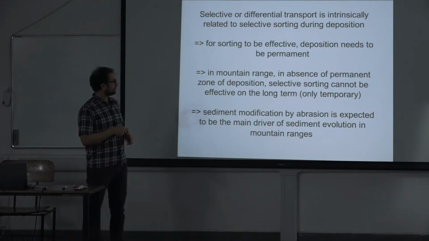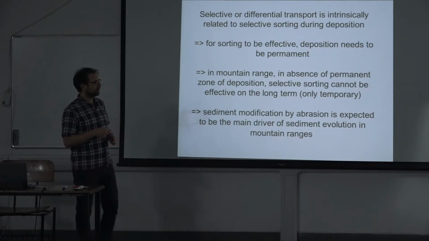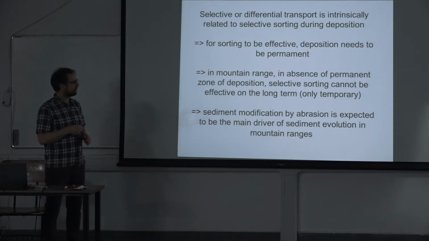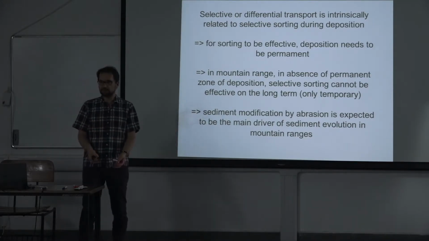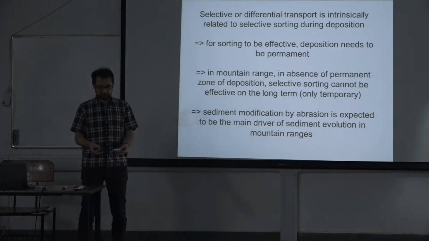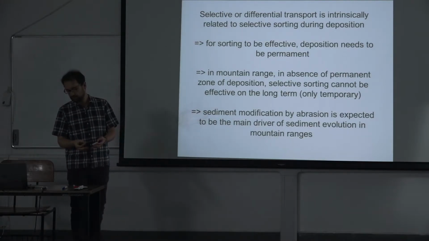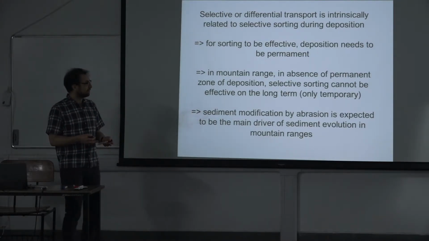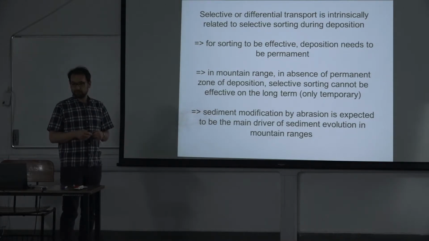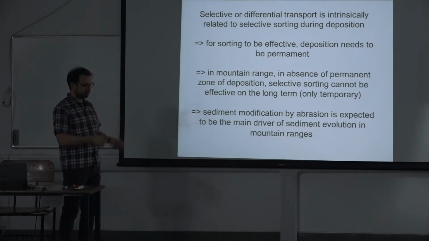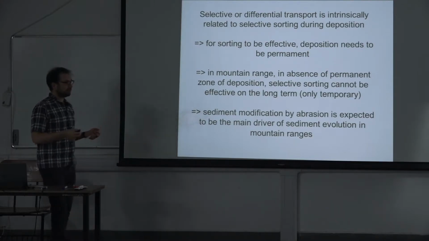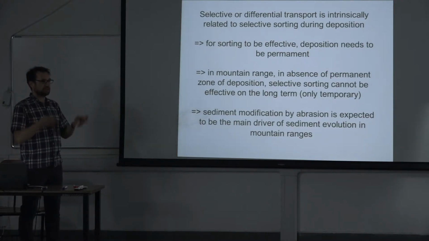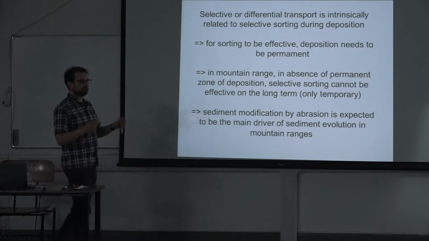So we could explain the downstream fining just by selective sorting, but the only problem is that to get sorting, you need selective sedimentation. So you need to have some place where you have permanent aggradation to make some storage of the large pebbles. In a mountain range, there are valleys, sometimes there are terraces, so we know that there is some temporary storage.